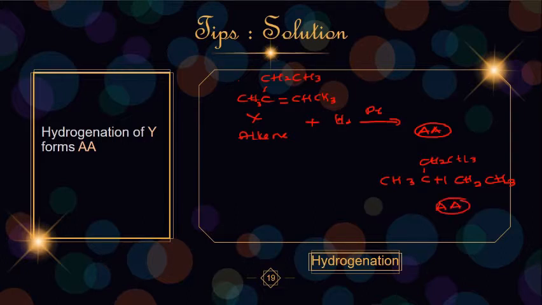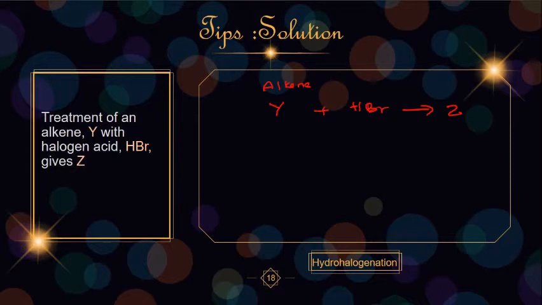Okay, now we go for the first one. Lagi sekali sama juga. Your structure is CH3, CH2, CH3, double bond here, so CH3. This is your structure of the alkene. So you add HBr.